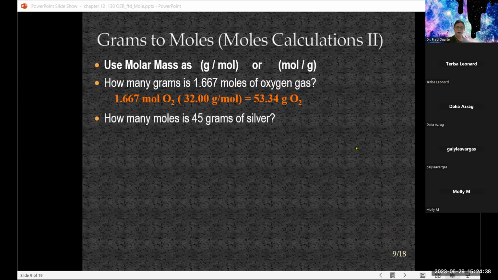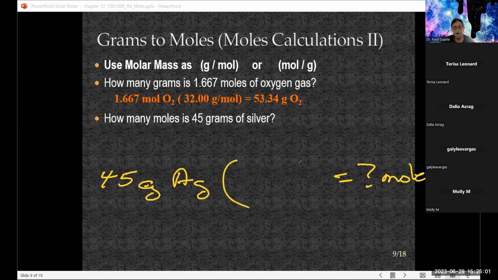Okay, here we're asked how many moles is 45 grams of silver. Okay, so let's work it here. We have 45 grams of silver, and we're looking for moles of silver. So obviously I need an atomic weight because we're just dealing with silver itself.